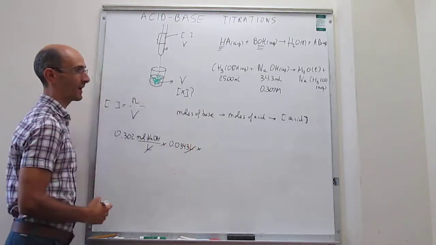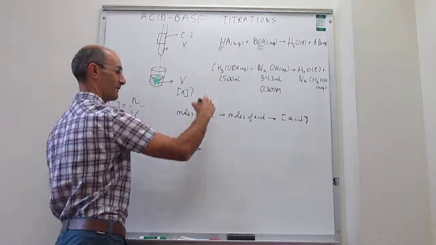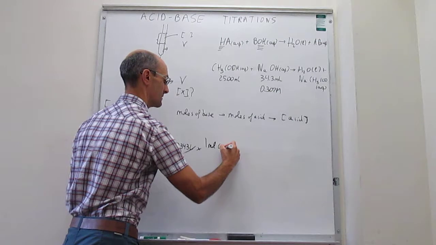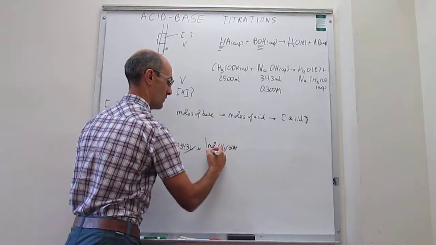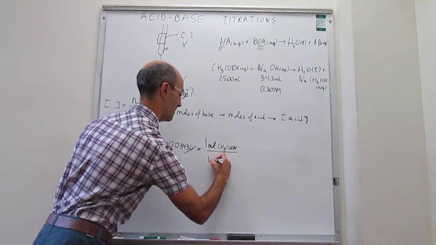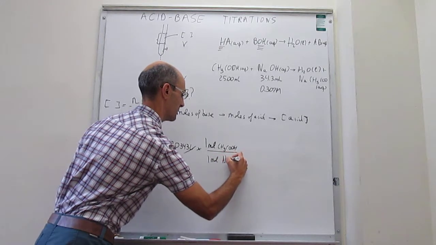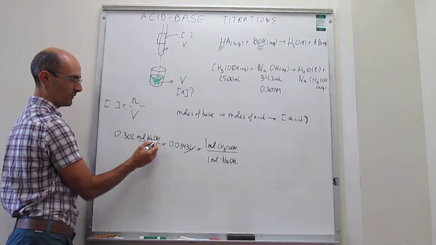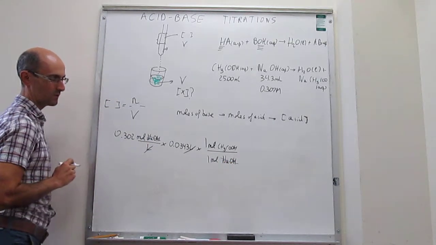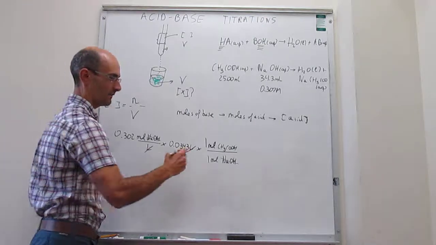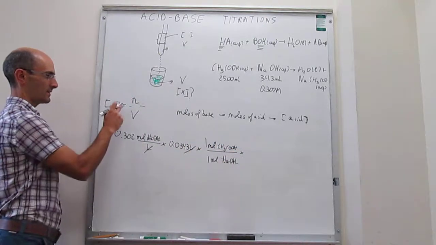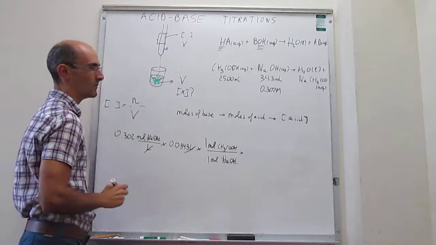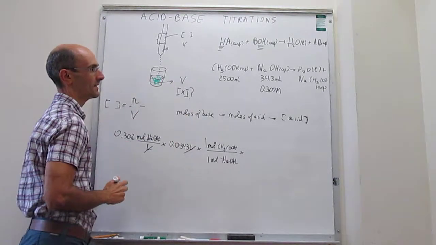Now I carry out the stoichiometric calculation, and notice that I have 1 mole of acetic acid, CH3COOH, for every mole of sodium hydroxide. This calculation allows me to transform from moles of sodium hydroxide to moles of acetic acid. And finally, I can find the molar concentration by dividing the number of moles of acid by the volume of my acetic acid solution.